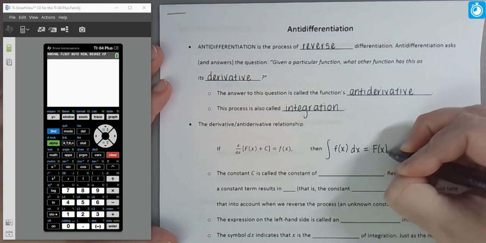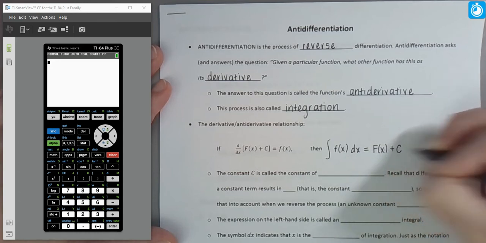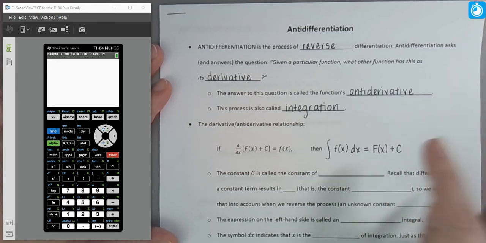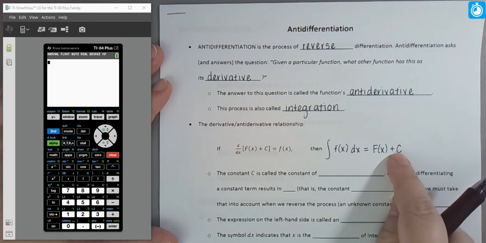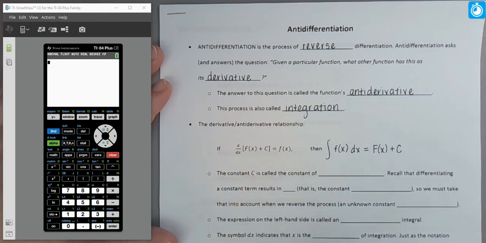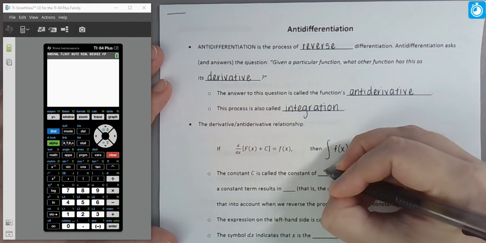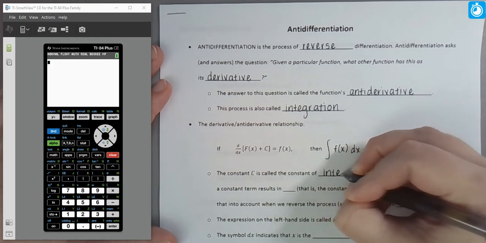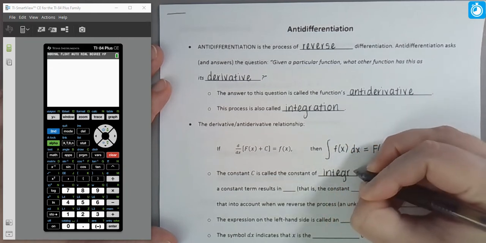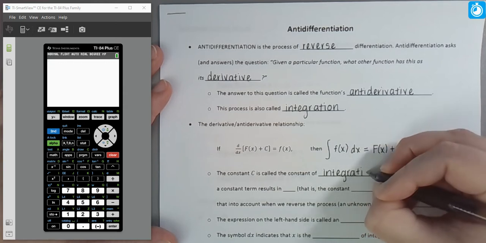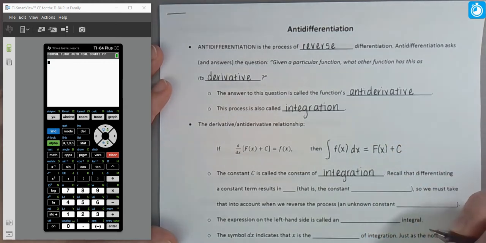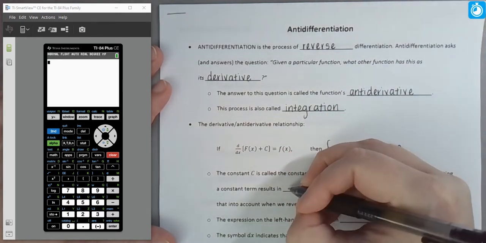So F of x plus c. Now notice the c comes back. This constant that we're going to call c is called the constant of integration. And we're going to see this present in pretty much every single antiderivative we find. Recall, we just talked about this a moment ago, that differentiating a constant results in 0.